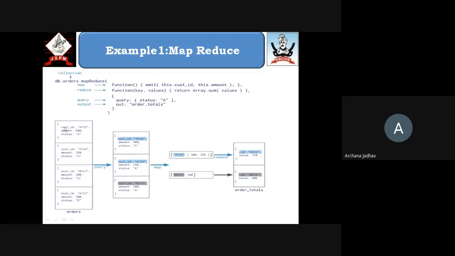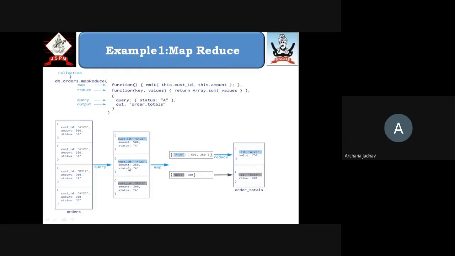The first document has three fields: the customer ID value, the amount is 500, and the status is A. The second document has a customer ID with this value, the amount is 250, and the status is A. For the remaining documents, the third document has the status as A, and the fourth document has the status as D. As the query is given in this MapReduce, only the documents having the status as A will get selected. So the query's output will be this. It is giving only three documents here.